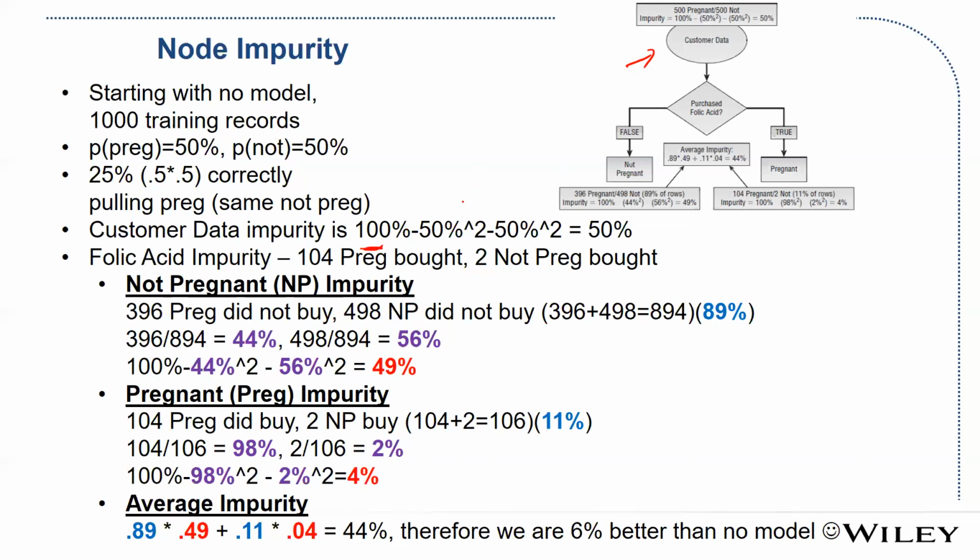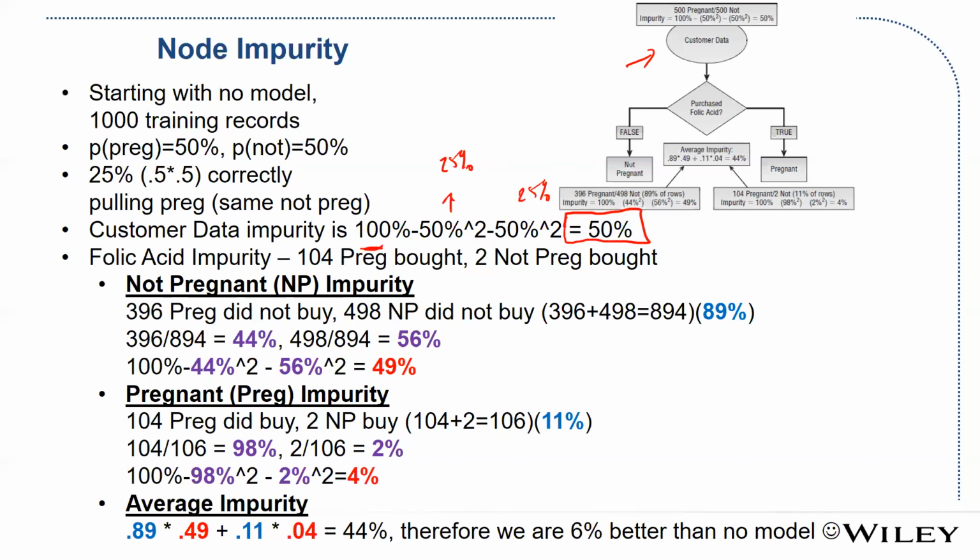So this is going to reduce to 25%. And then non-pregnant, you're going to have the same thing. 50% are not pregnant, and you'll get 50% of those right. So with no model at all, you have 100% minus 25% minus 25%, you have 50%. Okay? And that makes sense.